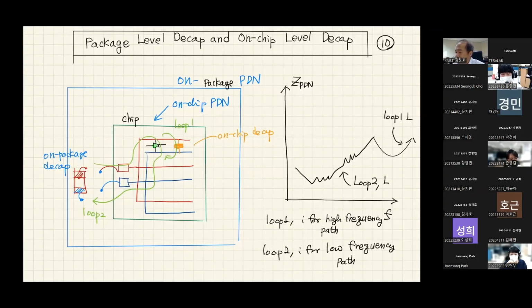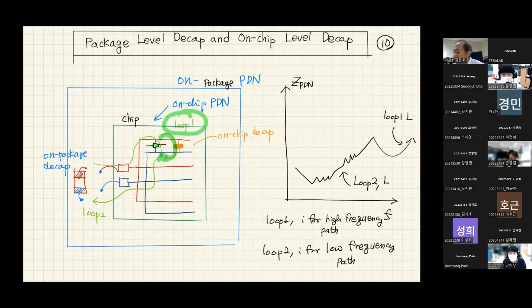If you have a transistor inside the chip, if you have a finger type PDN inside the chip, you may have a decoupling capacitor adjacent. So loop inductance is controlled by the loop size of this small loop. I call this loop 1.